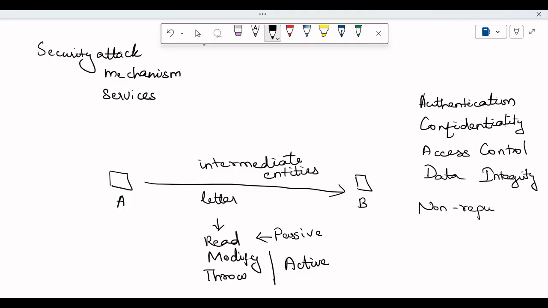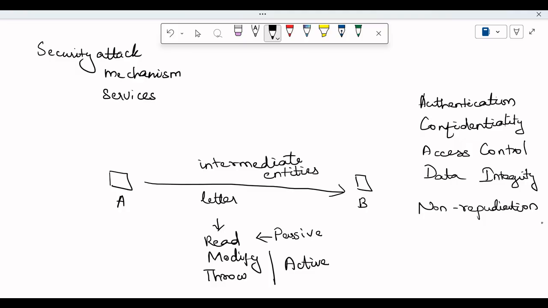What do we mean by non-repudiation? Once I send a mail to another person, I should not deny sending the mail, and similarly the receiver should not deny receiving the mail. This is one of the main important factors. This is with regard to the security services.